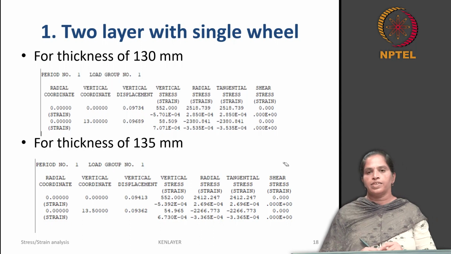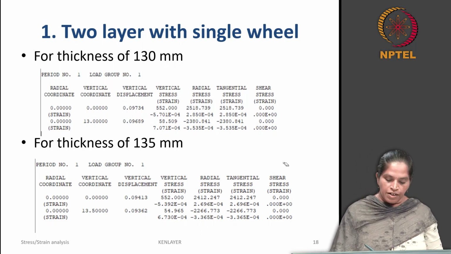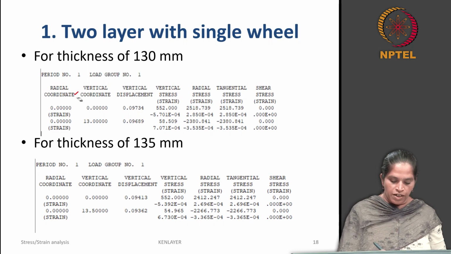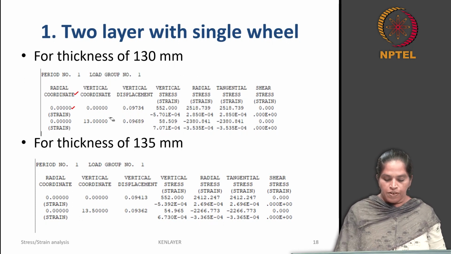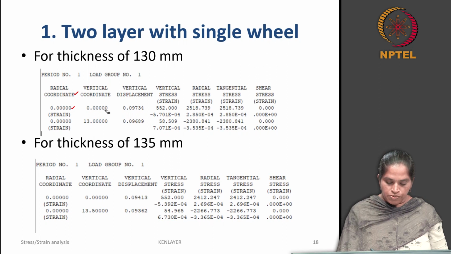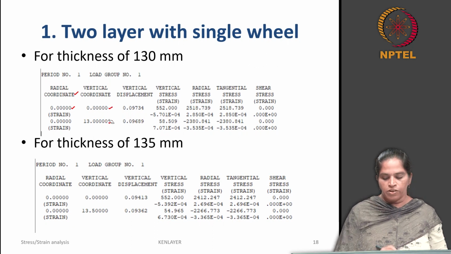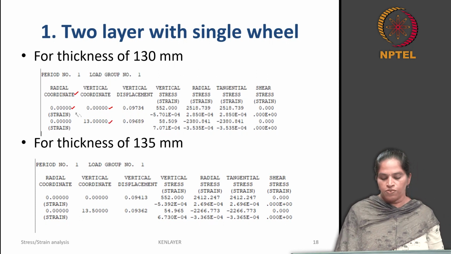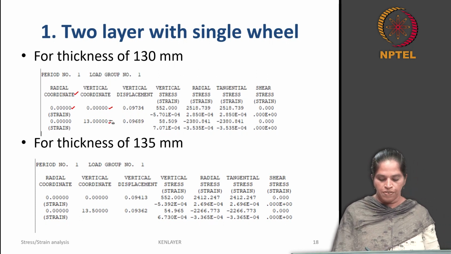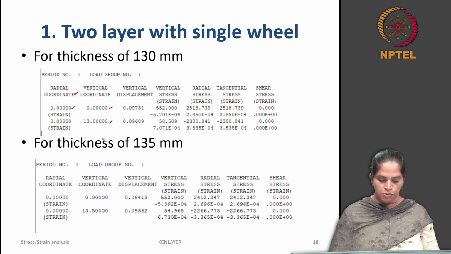The results I have given here in the tabular column. You can see in the results you have radial coordinates. We have given radial coordinates to be 0. And you have vertical coordinates. If you give 2 vertical coordinates, you will have 2 points. I have given 2, so that's why you have 2 points here.